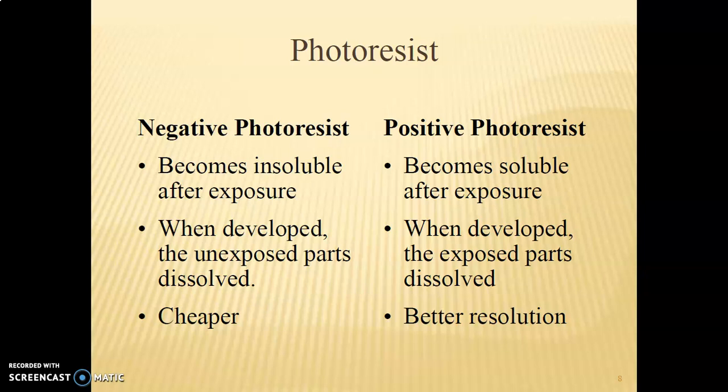A simple thing: suppose we are supplying UV light on the polymer pool, and it solidifies. That is the negative photoresist, and if it does not solidify, it is known as the positive photoresist.